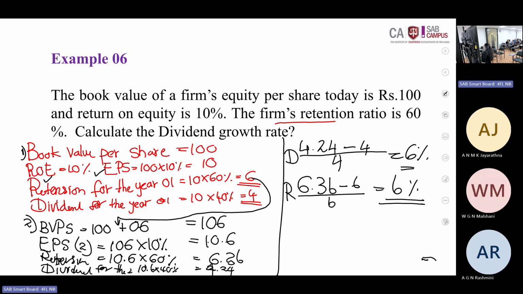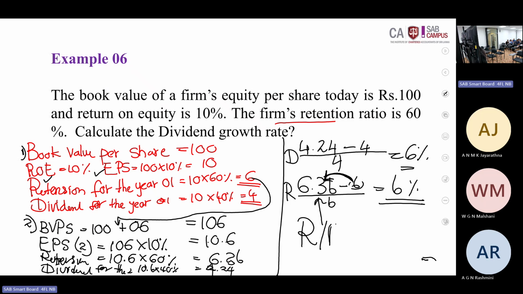In identifying this 6%, you have to decide this is the cost, right? 6 becoming 6.36. That is why it is marked as a 6% growth rate. If 6 is increasing to 6.36, what are the two reasons for that? First one, what is it? Yes, because we have 60 retention.